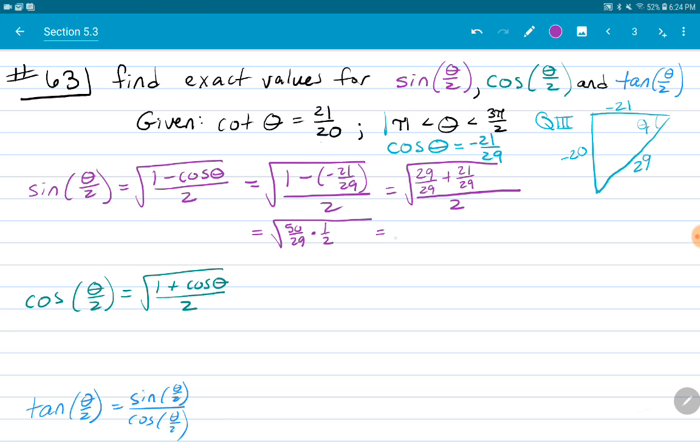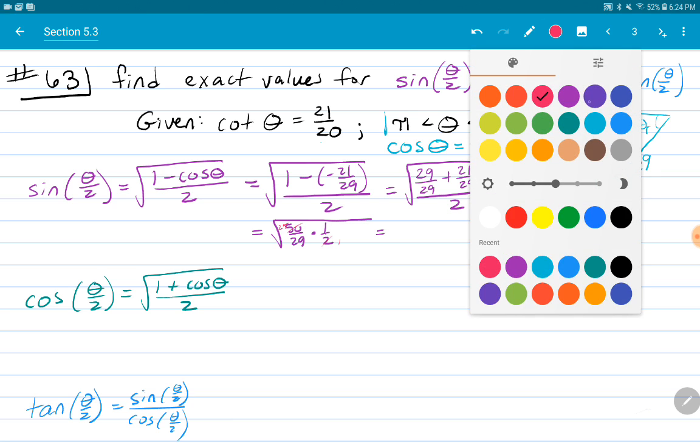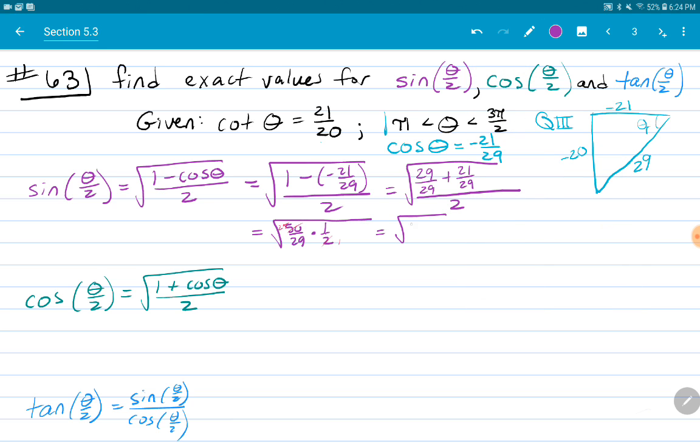Let's reduce that a little so that the 2 and 50 cancel, and I get 25 over 29. That 25 comes out of the square root very nicely as a 5 over radical 29. Okay, we'll leave that unrationalized.